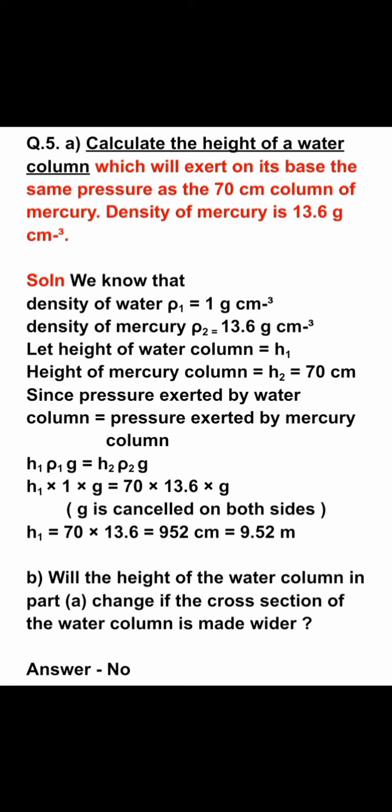Here, as per the question, pressure exerted by water column will be equal to pressure exerted by mercury column. So we can write H1 rho 1 G equals H2 rho 2 G. Now we will substitute the values.